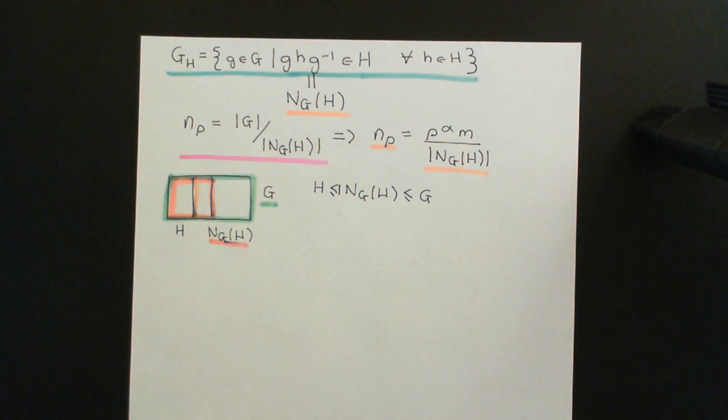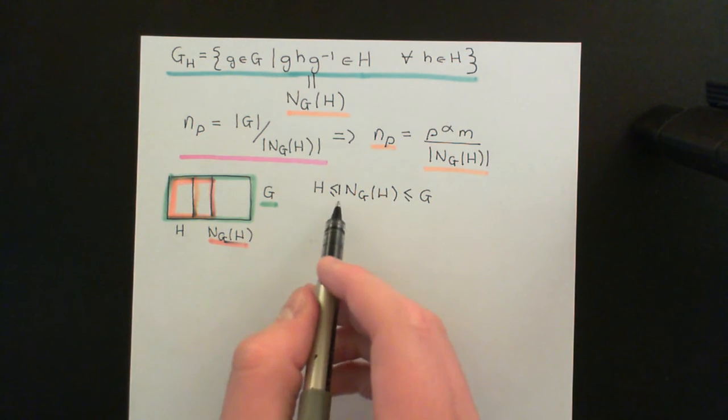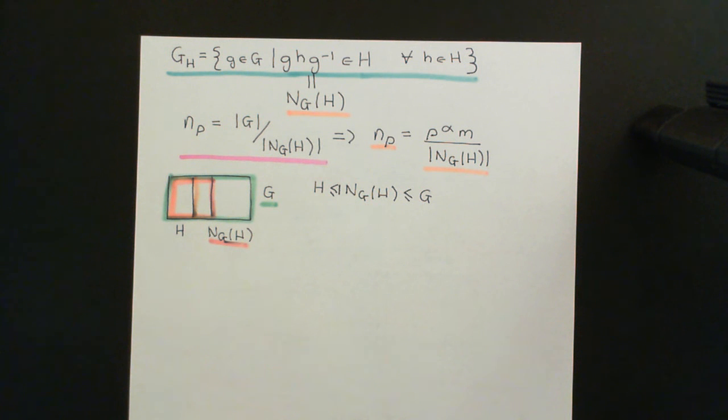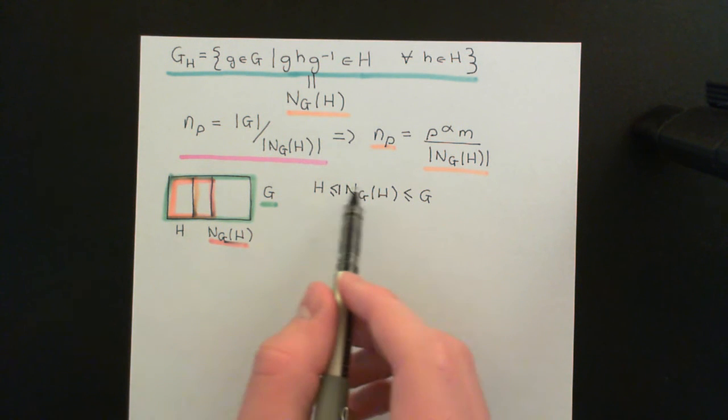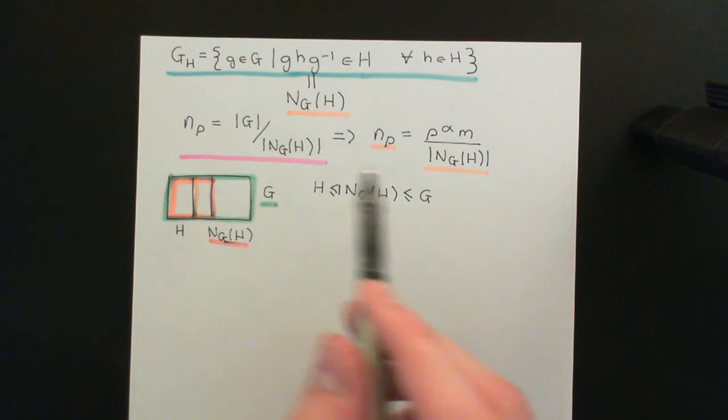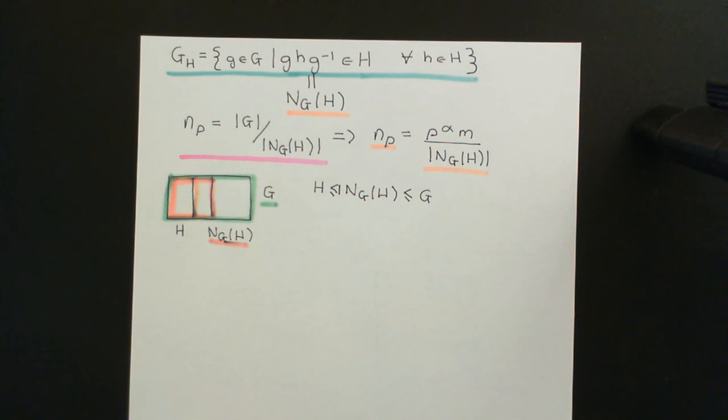Okay, now it will be a normal subgroup, but that doesn't matter for our purposes at the moment. I'll just briefly say why it will be a normal subgroup, because we will use that later on in the proof of the second portion of the Sylow's third theorem.